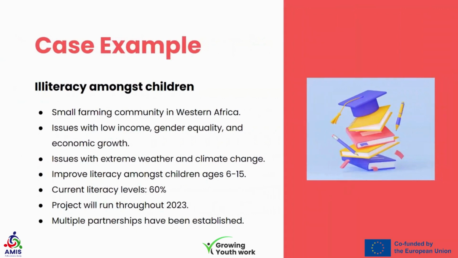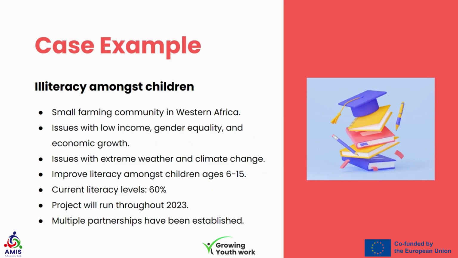To better understand the real-life application of these key terms and concepts, we are going to use a case study throughout this part. The case study is illiteracy amongst children. For this fictive case, the circumstances are as follows. We are working with a small community in Western Africa of about 400 people.